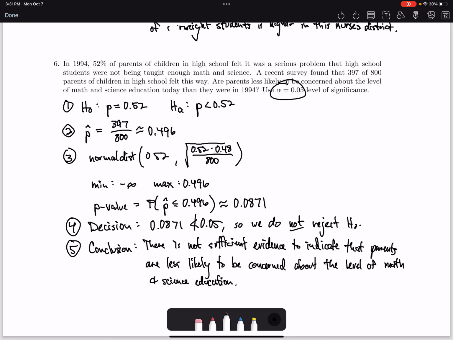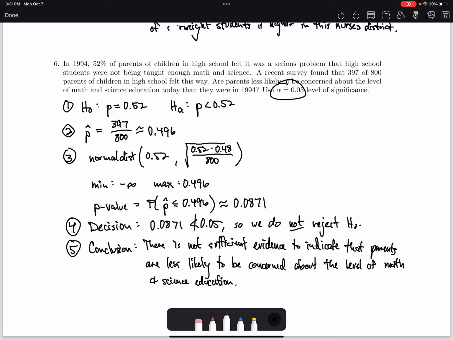Okay, they're not less likely to be concerned about those things today, or at least we don't have sufficient evidence to say that they are. And this is despite the fact that we got a sample size of 800 parents, which is a pretty large sample size. So, yeah, I would say there's just not much there. Even if there was a difference, it's not a substantial difference, right?